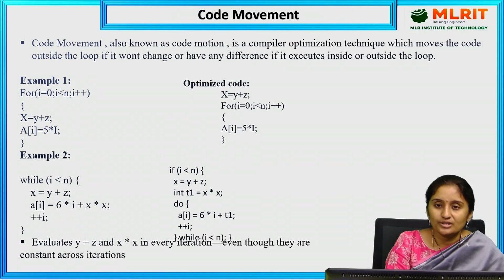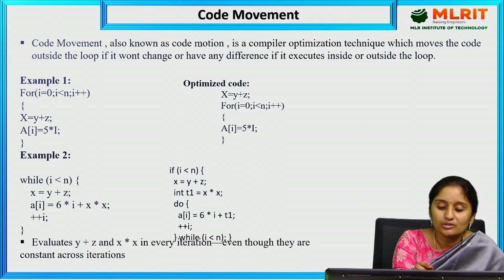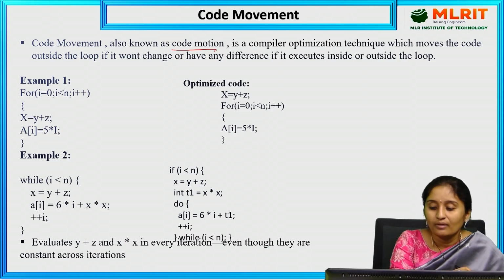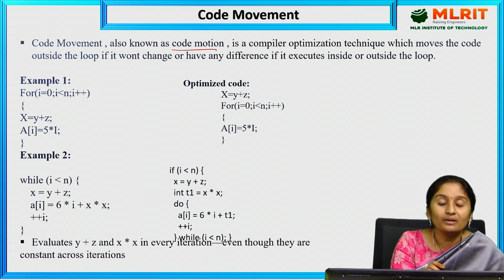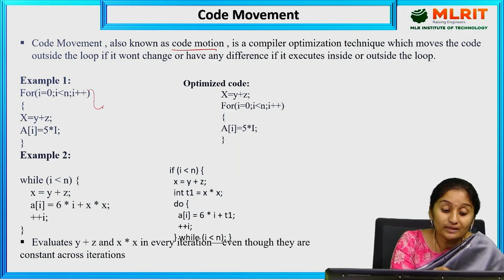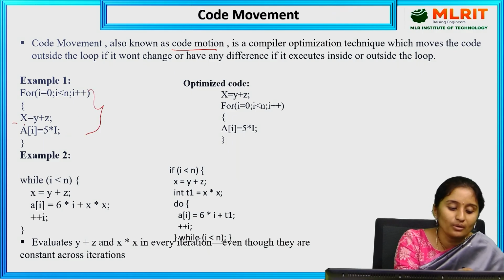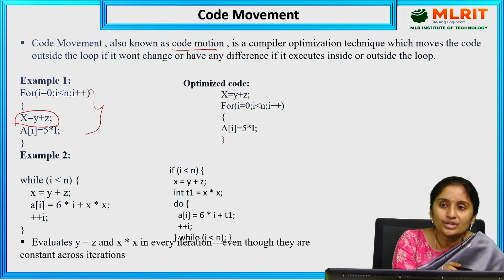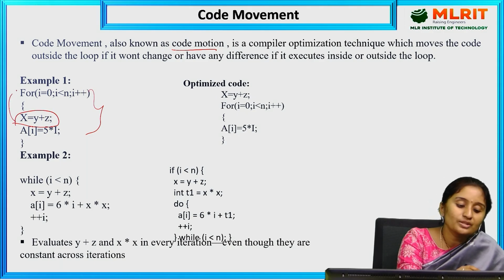So the next one is code movement. Code movement, we can also call it code motion. Here what we are going to do is move the code outside the loop. Which code do we move outside the loop? In the given program, if some statements are not affecting the program, then those statements we are going to move outside the loop.